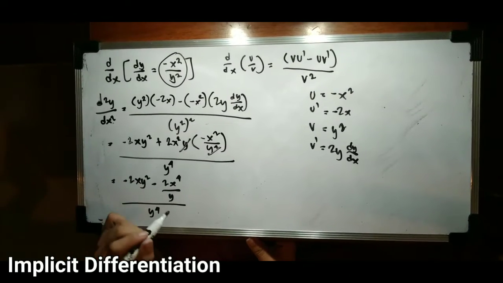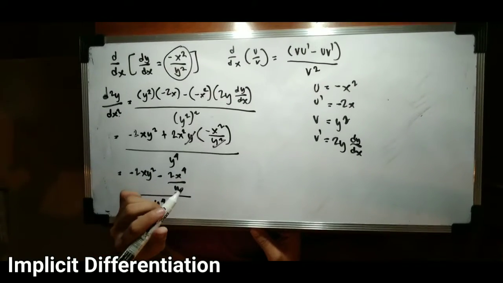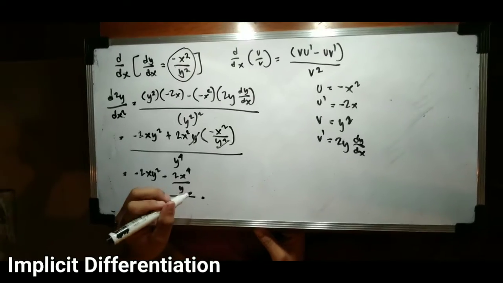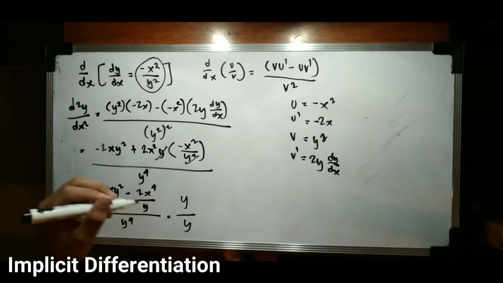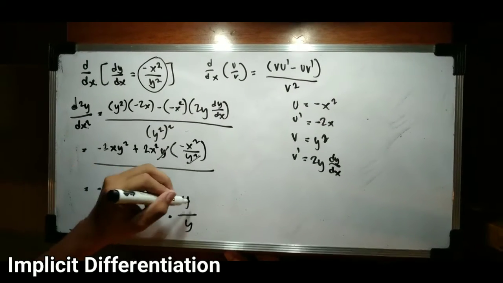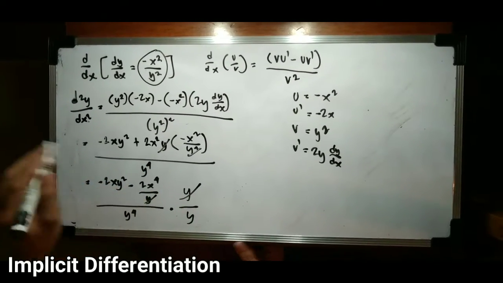To remove this complex fraction, we will multiply the numerator and denominator by y. So let's cancel this, then this will become 5.